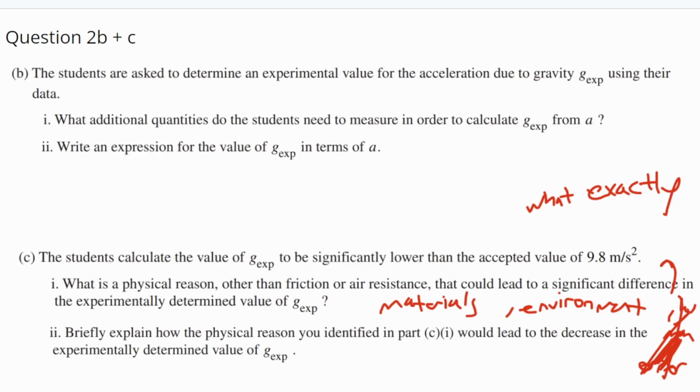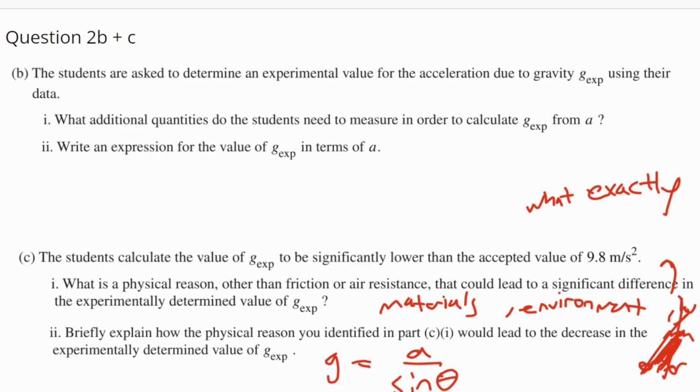Part C2: briefly explain how the physical reason you identified in part C1 would lead to the decrease in the experimentally determined value of g_exp. So if we said they measured the angle wrong, since we know the formula was g equals a over sine theta, which we determined from last time, then let's say we picked an angle wrong.